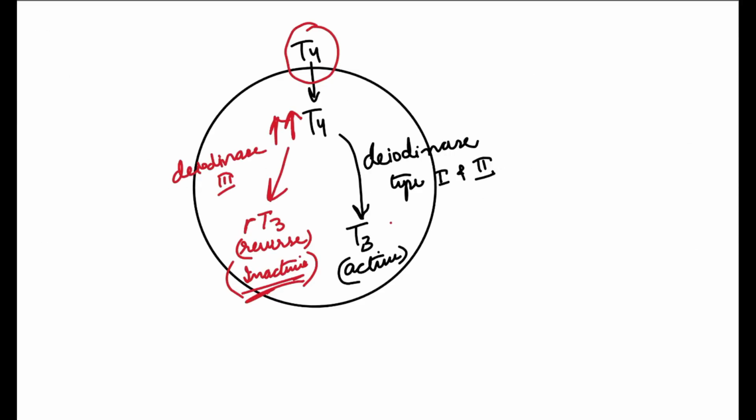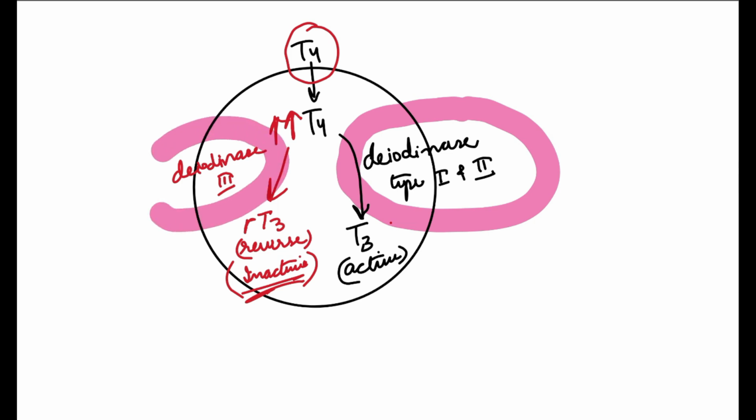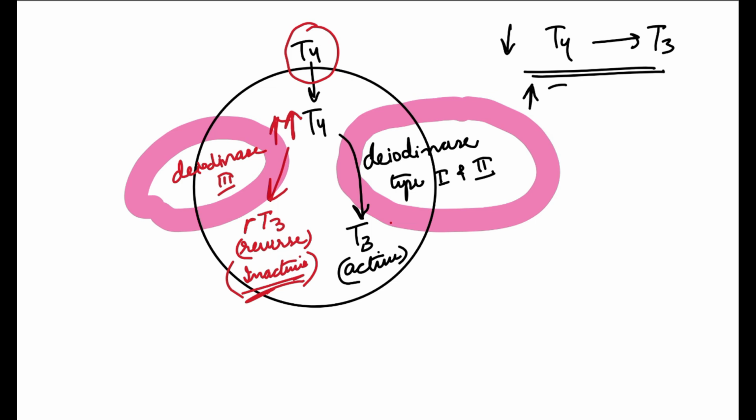With the previous topic, we can understand that if there is inhibition of deiodinase type 1 and activation of deiodinase type 3, then what will happen? If there is inhibition of deiodinase type 1, there is decreased conversion of T4 to T3. And with the activation of deiodinase type 3, there is increased conversion of T4 to reverse T3.